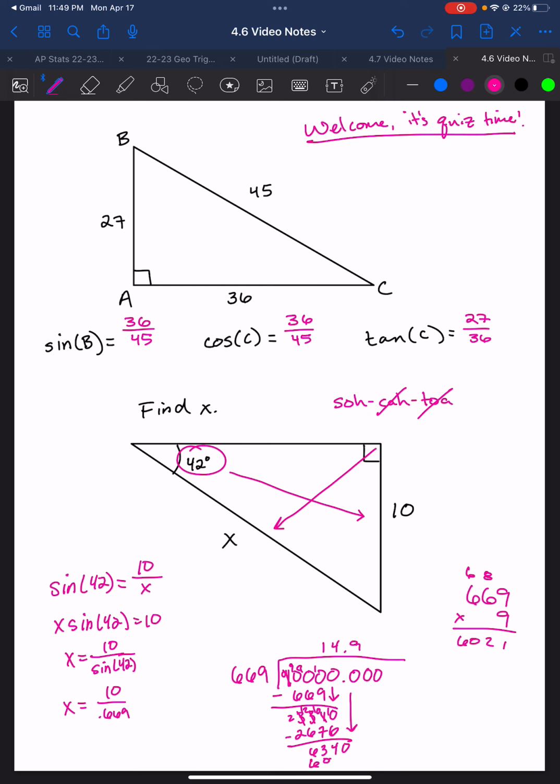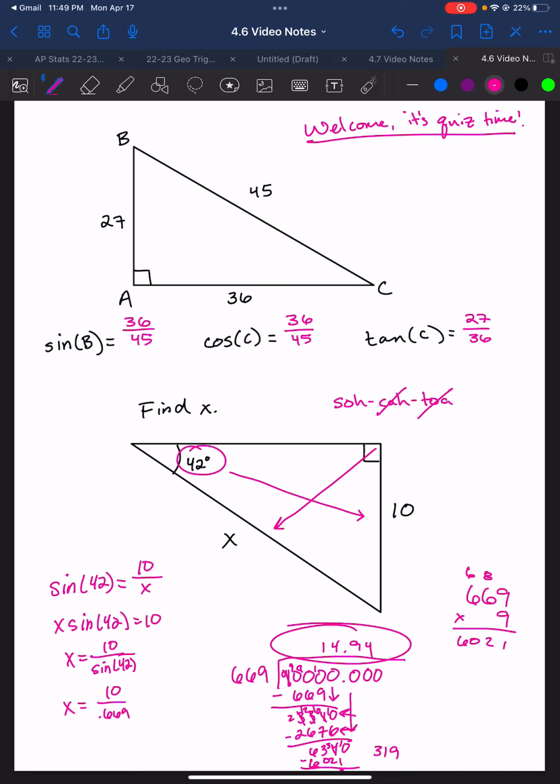Nine, 6, 2, 1. I get 9, 1, 3. Drop that down, that's going to be 4 again, because it's going to be just a little bit more than that, and it's less than that.